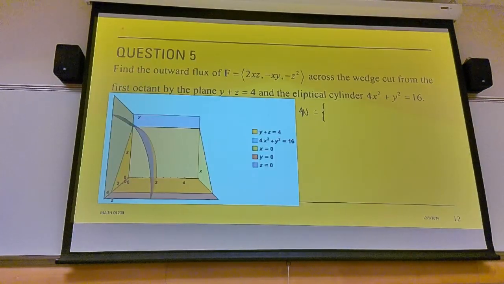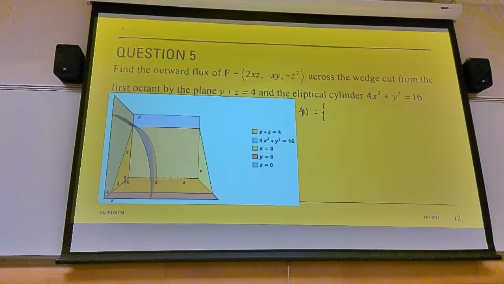What coordinate system would be best? Cylindrical? I would be inclined to stay with rectangular for this.